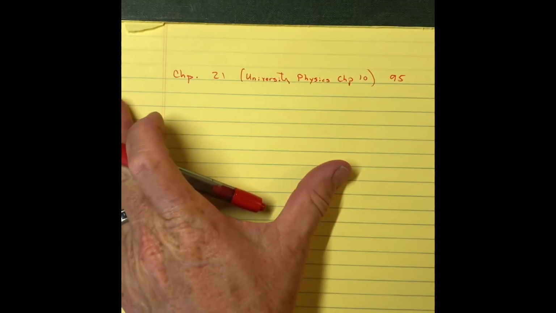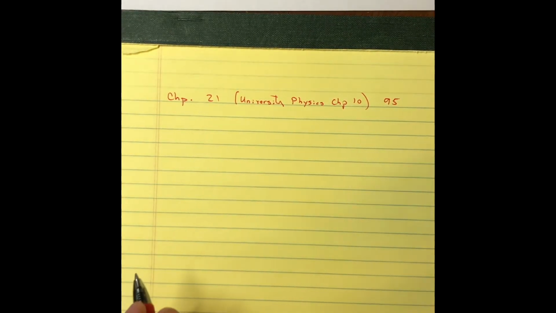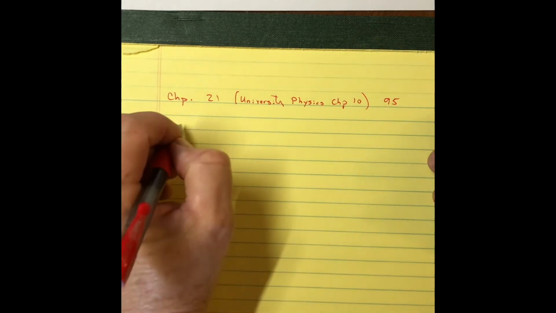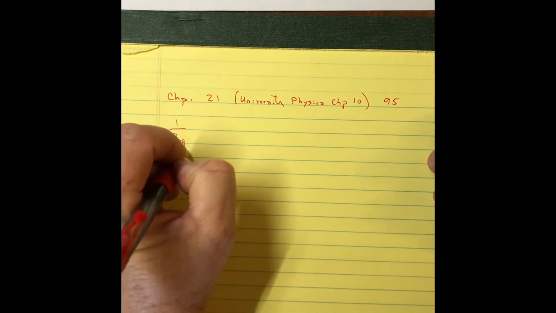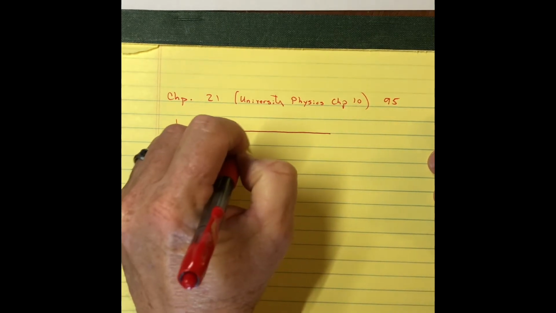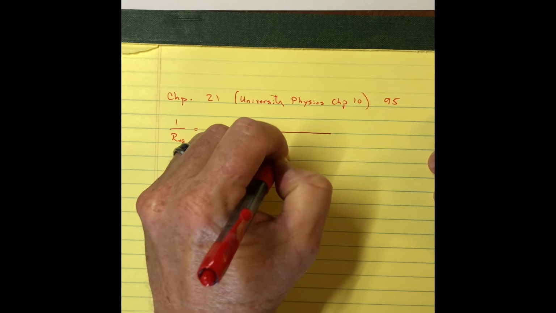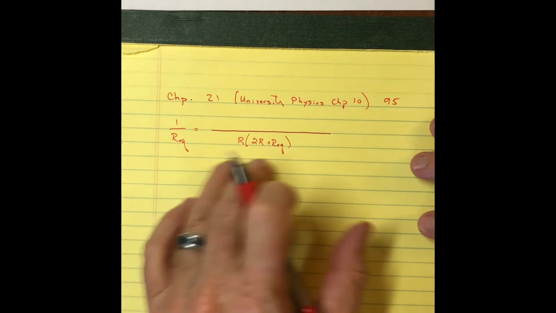Okay, so now that we have an equation to work from, let's go ahead and do the algebra here. And so maybe I'll just leave 1 over R equivalent alone, and over on the other side I will get a common denominator by multiplying the two together.